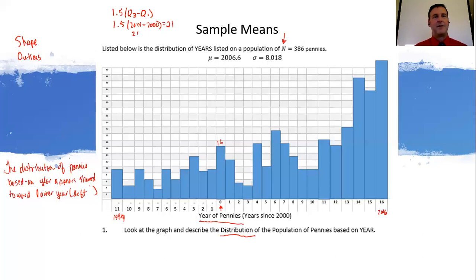Since there are no years that are bigger than Q3 plus 21, which is 2035, and none smaller than 2000 minus 21, which is 1979, I believe. I did that math. Yeah, there are no outliers. The lowest we have is 1989. That is well within the lower fence, and 2016 is well within the upper fence. So there are no outliers.